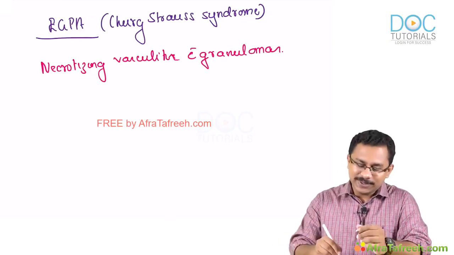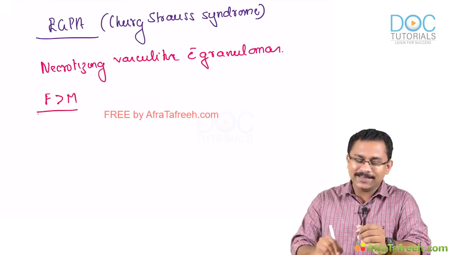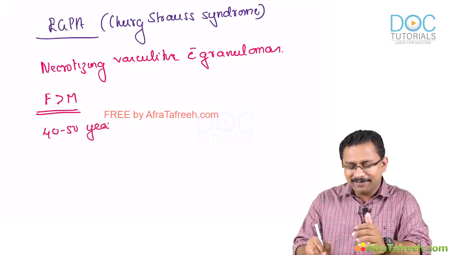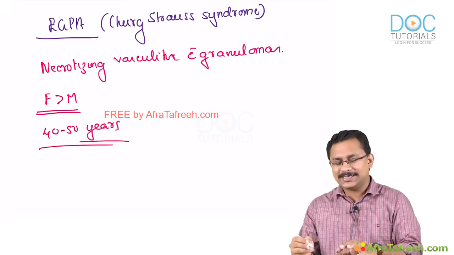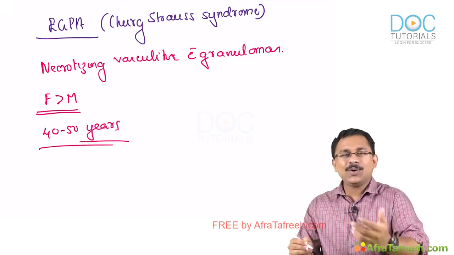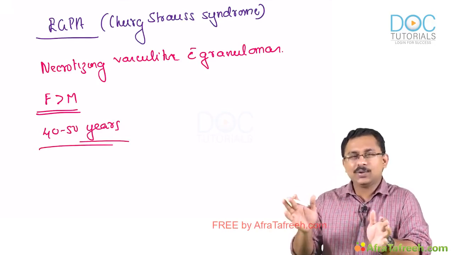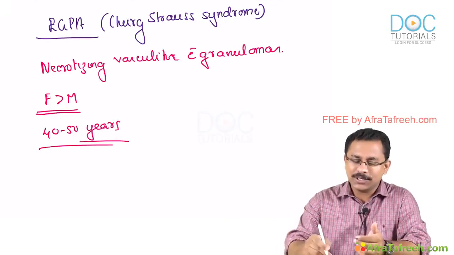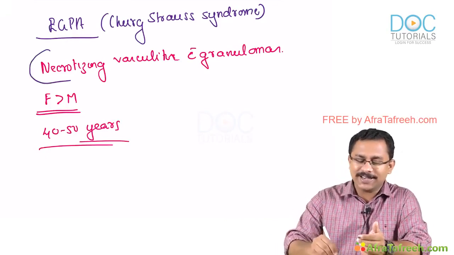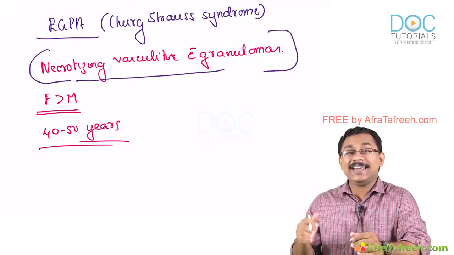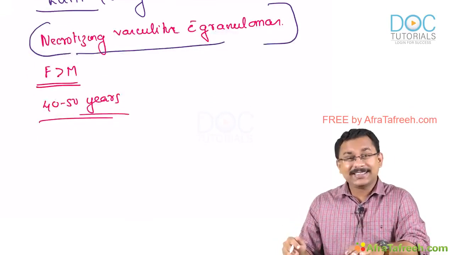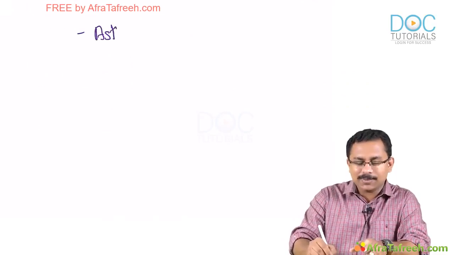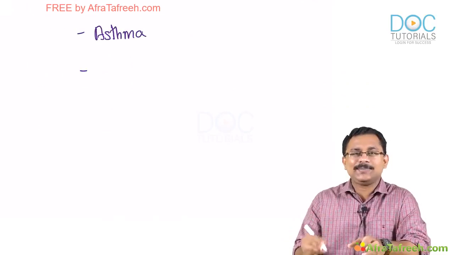Churg-Strauss syndrome is slightly more common in females than males. The age group of presentation is around 40 to 50 years, with an average age of around 48 years. To sum up, Churg-Strauss syndrome is a small vessel vasculitis, a necrotizing granulomatous vasculitis, characterized by, first, asthma.